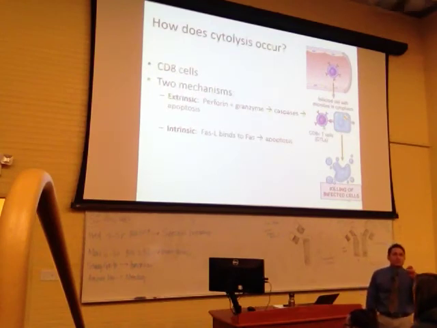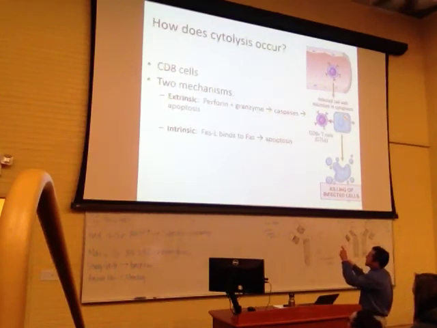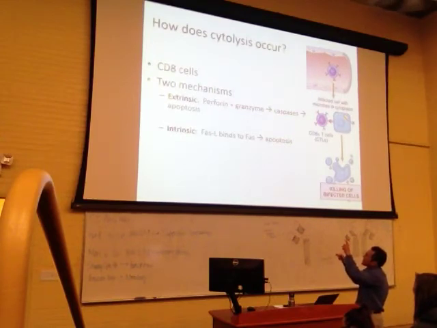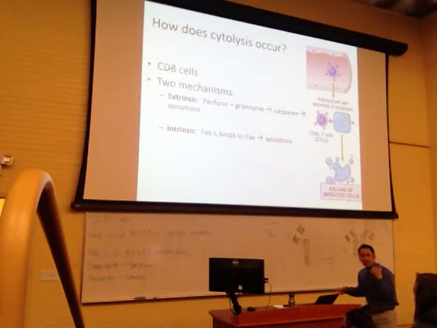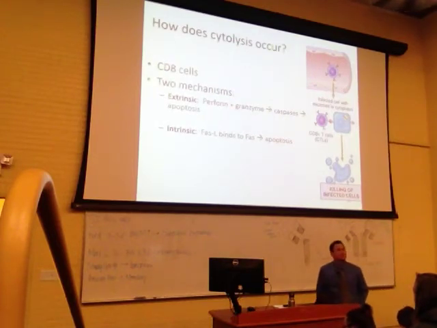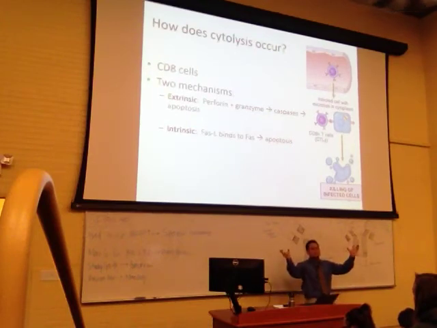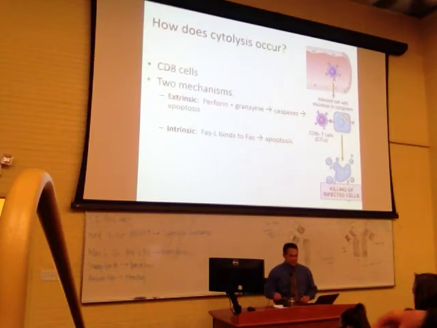But the most important thing to remember, don't memorize all of the details, is that the cytolysis that takes place is either extrinsically or intrinsically executed, and they both lead to apoptosis. So it's not a mess. It's a very organized killing of those particular infected cells.